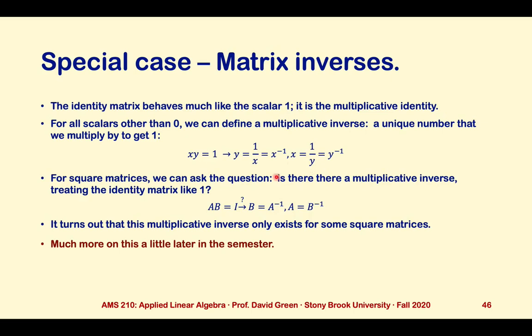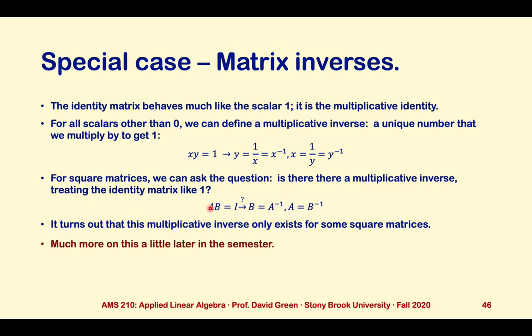We might ask the question, can we do something similar for square matrices? Is there such a thing, a multiplicative inverse, treating the identity matrix like 1? That is, if A times B equals I, can we define B to be the inverse of A and A to be the inverse of B? It turns out that we can do this, but we can't do this for every square matrix.